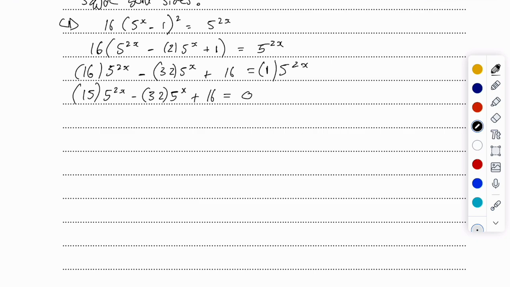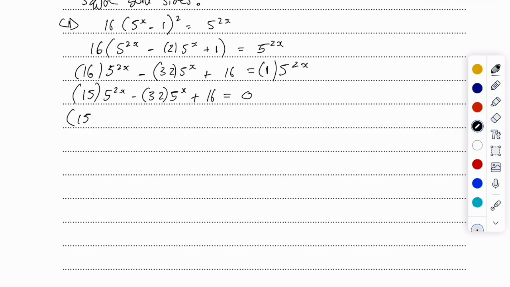Now the question becomes, how do we simplify this into a better form for ourselves? Now remember, 5 to the 2x is just like saying 5 to the x times 5 to the x, because you have to add the exponents. So in this scenario, we're going to break it up a little bit.